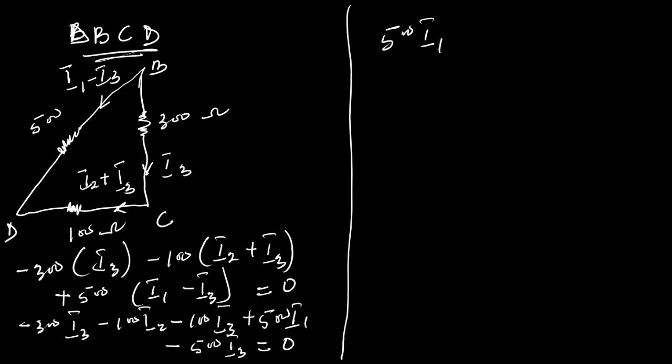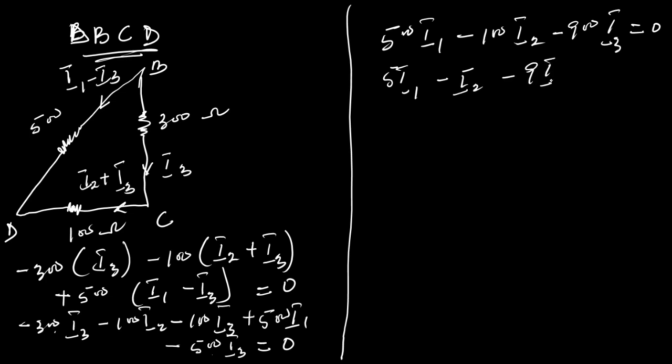For the I2s, I have minus 100 I2, and for the I3, I have minus 300 minus 100, that's minus 400, minus 500, that's minus 900 I3 equals 0. So that's 5I1 minus I2 minus 9I3 equals 0.